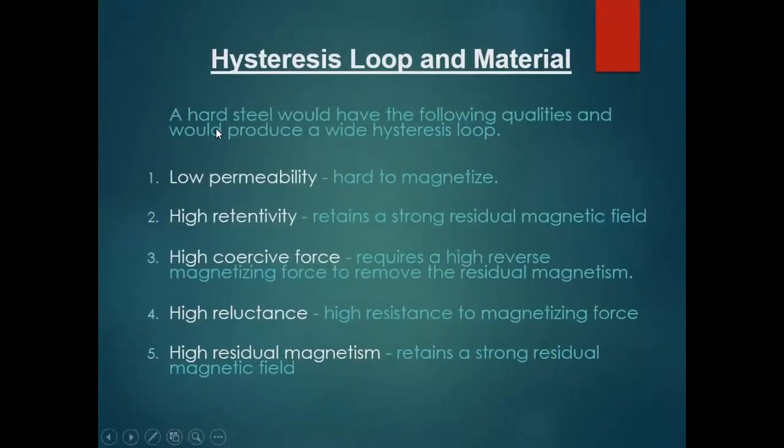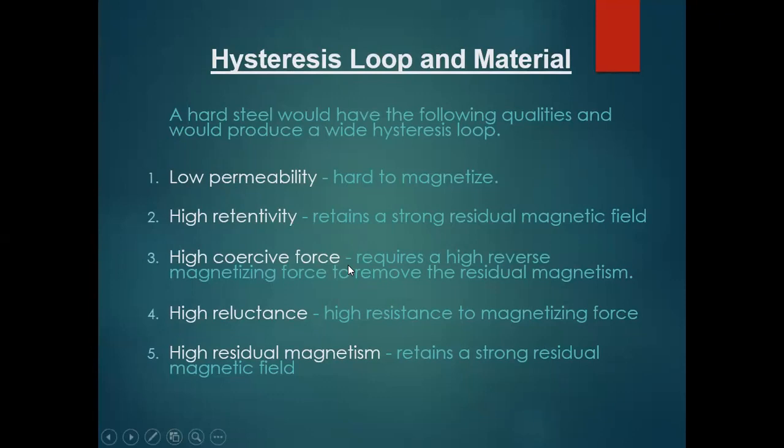But before that, we can see here that hard steel has the following properties. Low permeability: if the material has high carbon, or is hard steel, then permeability is low, meaning it is hard to magnetize. High retentivity: it retains a strong residual magnetic field. If retentivity is more, then even after removing the current there is a high residual magnetic field.